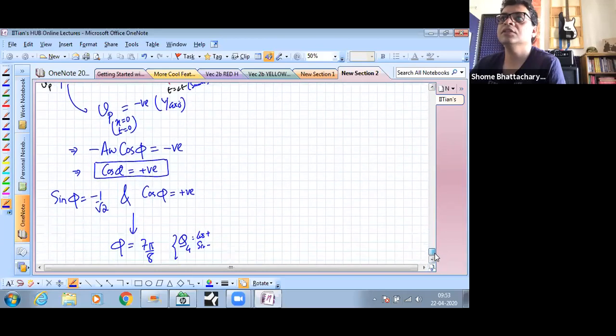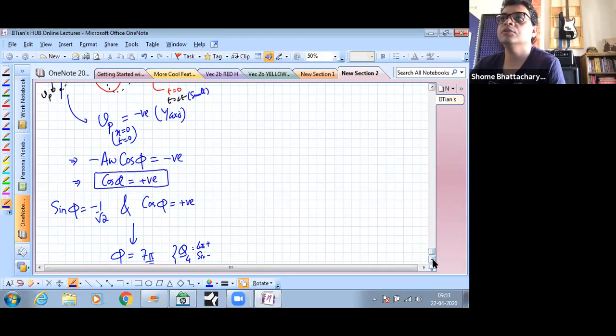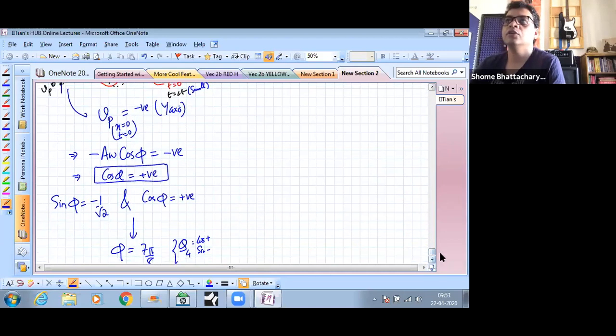So actually, you will remember that these kind of things appear very often in SHM also, that from a given graph or given information, we determine the phase constant. The same kind of approach there also, same kind of approach here also.